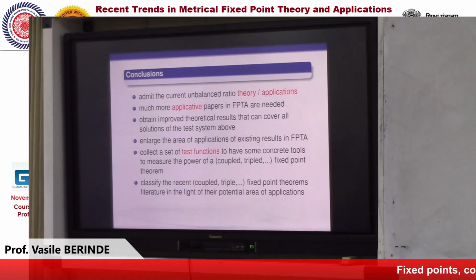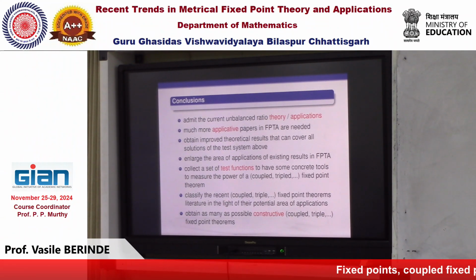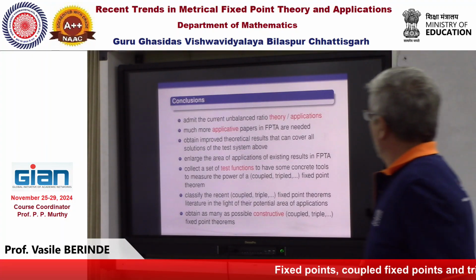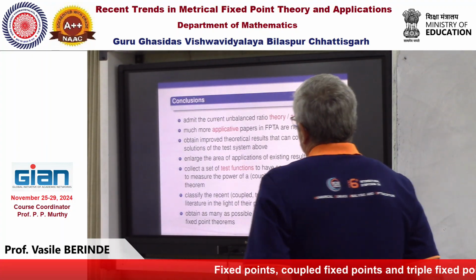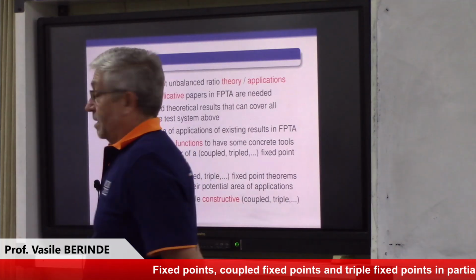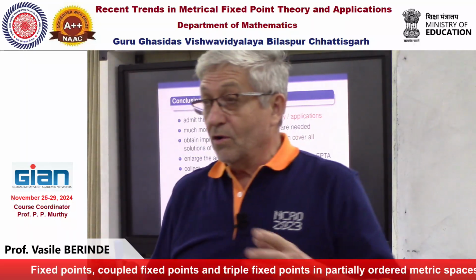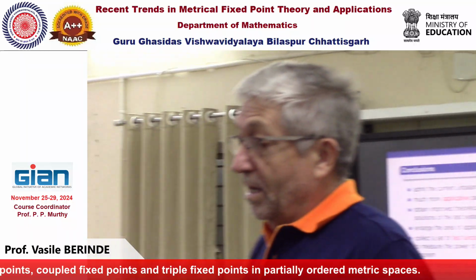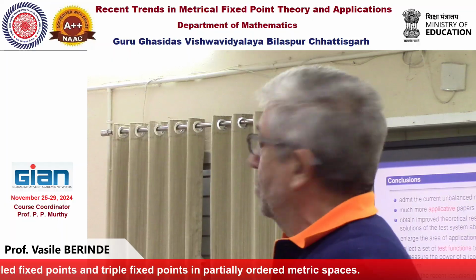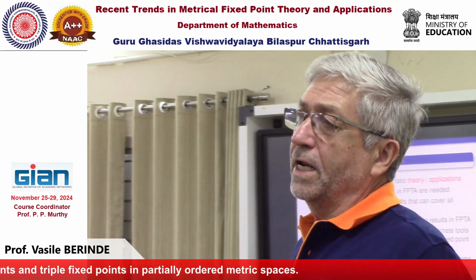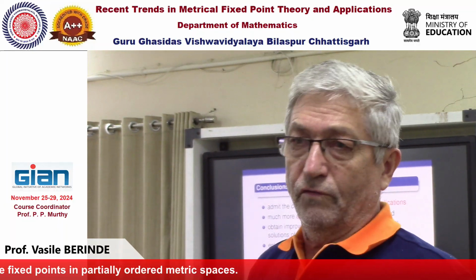So here is my list of conclusions. I read only a few of them. We should be aware of the fact that our theoretical results cannot be applied to very large classes of applications.